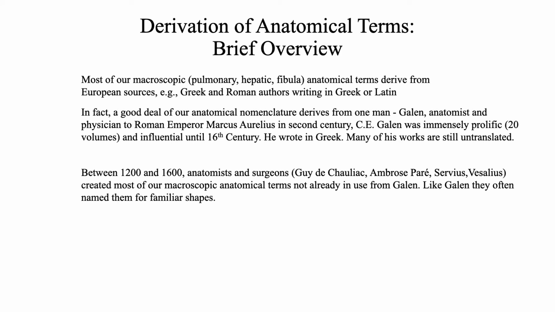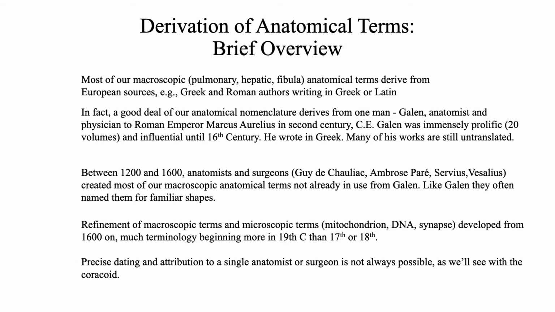Therefore, physicians and surgeons like Guy de Chauliac, Ambroise Paré, Servius, and Andreas Vesalius began questioning Galen's authority and were very influential in naming many parts of the body, and they would often name them, like Galen, from their appearance or similarity to objects they knew in nature or in the world they lived in, or sometimes they named them based on function. But often they were in Greek and Latin terms.